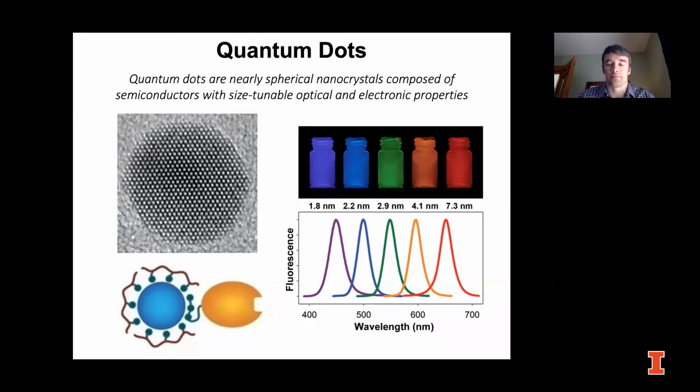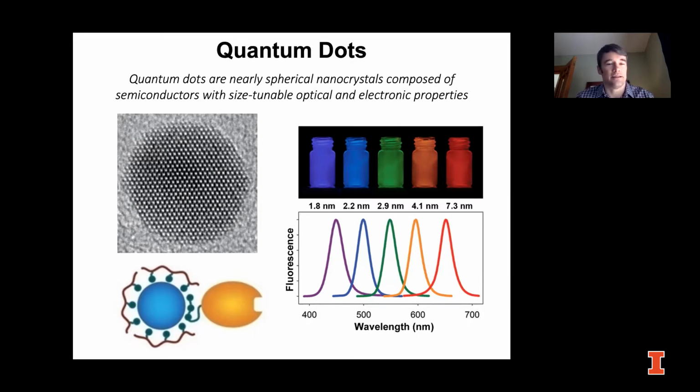That's the visible spectrum, what our eye can see. If you look at the vials of these materials above them, with one material you can span a wide range of emission colors. One material here, cadmium selenide, if you tune the size of that nanomaterial from about 2 nanometers to 7 nanometers, you could span the majority of the visible spectrum.